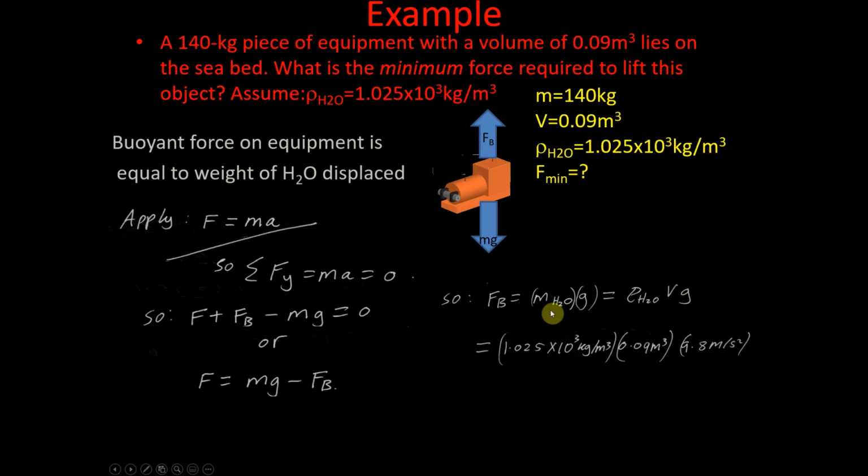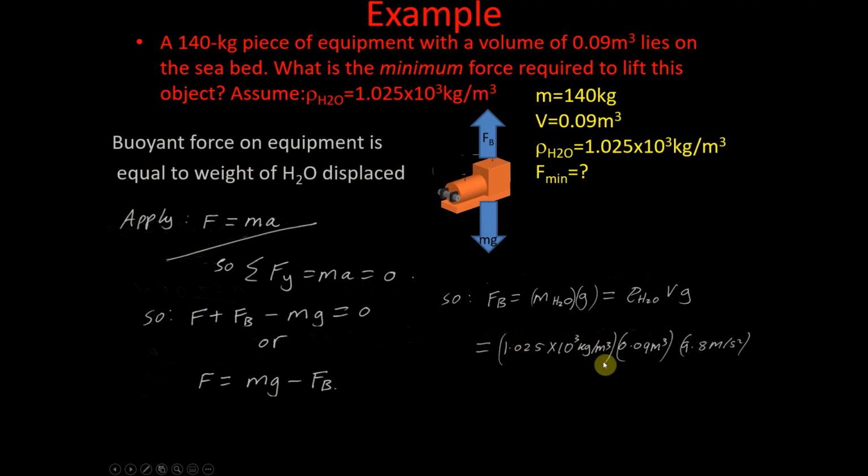We can say that the mass of H2O that is displaced is going to be equal to rho V. So we can substitute in here for m. So FB becomes m H2O, how much mass of water is displaced, times g, which is rho Vg.